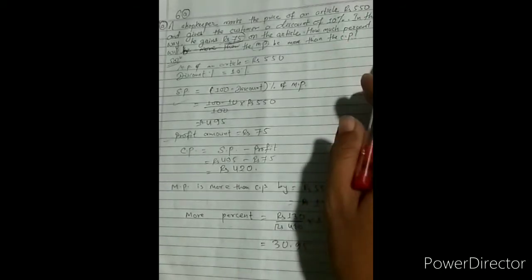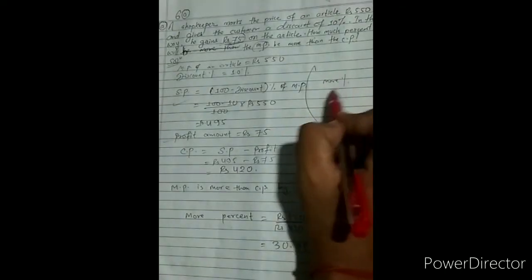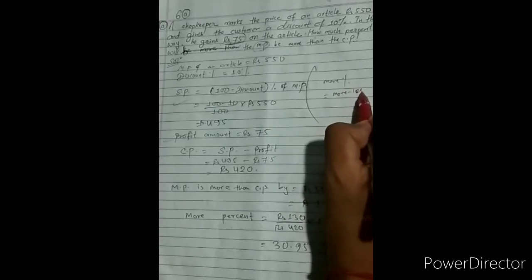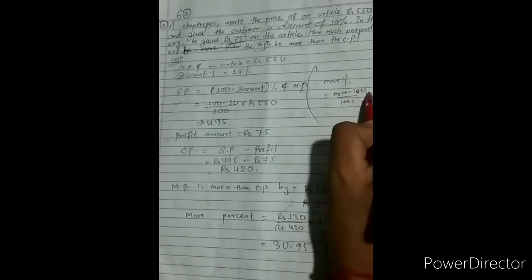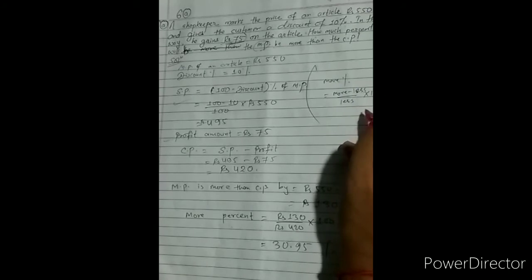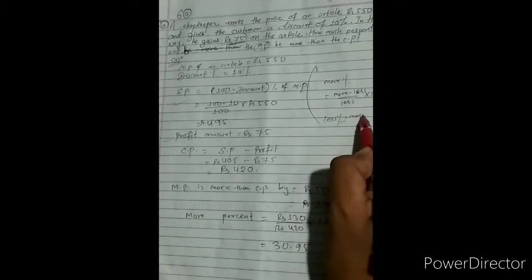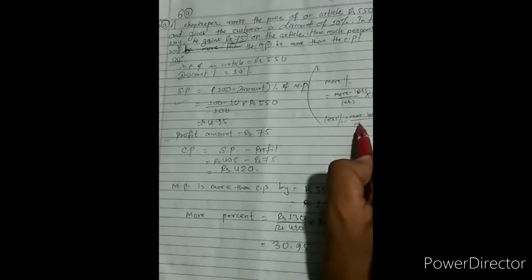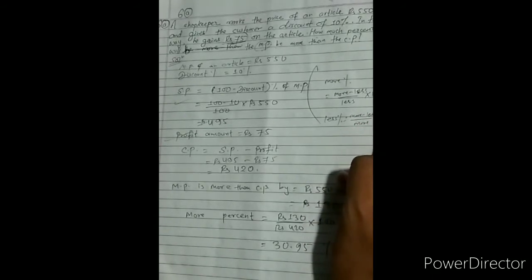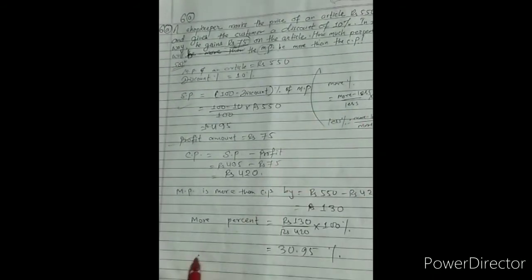To find more percent, always do more minus less by less into 100%. If you have to find less percent, then more minus less by more into 100%.